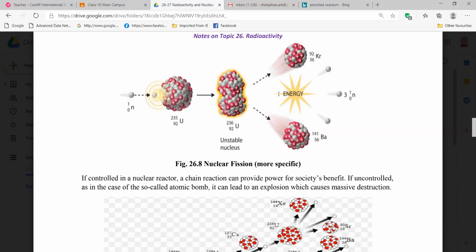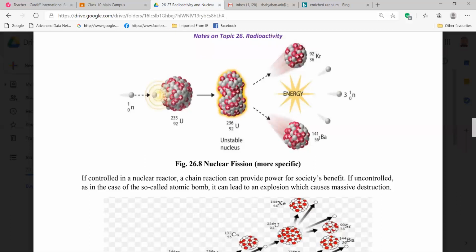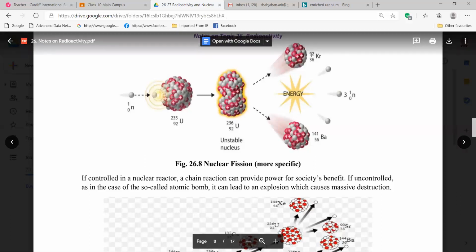Sometimes they give you structured questions where this place will be blank. The other information will be given, like 141, 56 will be given, 92 will be given, 36 will not be given, 3 neutrons will be given. So 36 you have to find. Can you do it? Is it possible?